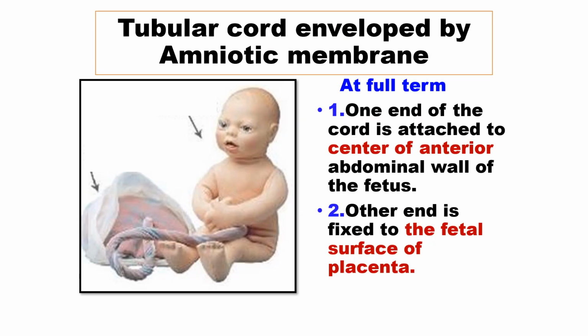Umbilical cord is enveloped by amniotic membrane. At full term, one end of umbilical cord is attached to the center of the anterior abdominal wall of the fetus. The other end is fixed to the fetal surface of the placenta, usually central in position.